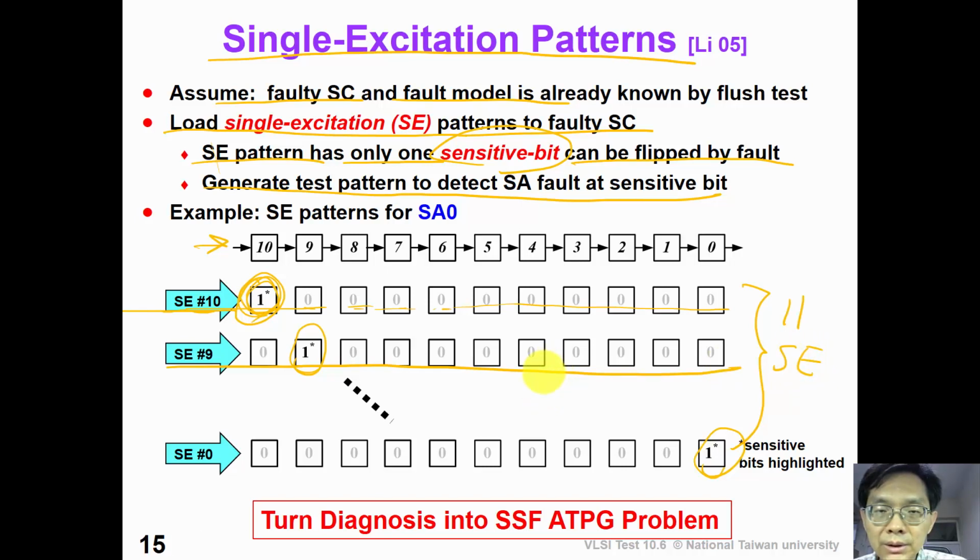By doing this ATPG, we can diagnose the location of the scan chain fault. So this single excitation pattern technique actually turns the diagnosis problem into a simple single stuck-at-0 ATPG problem. This is the contribution of this idea.